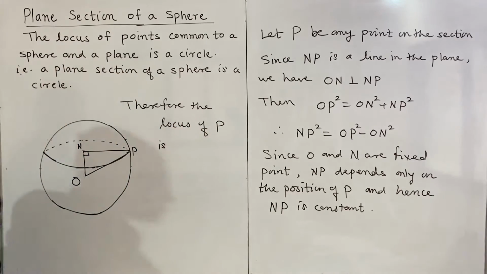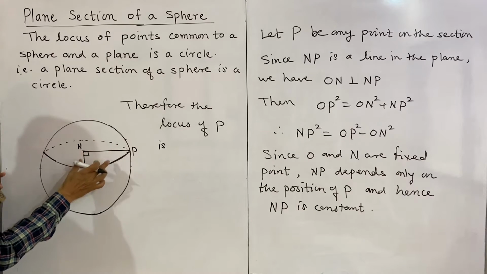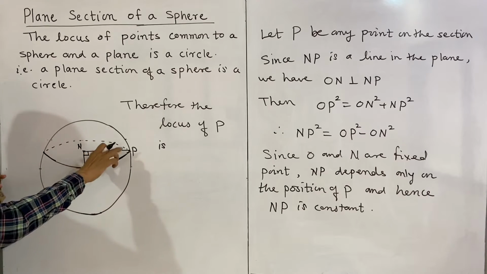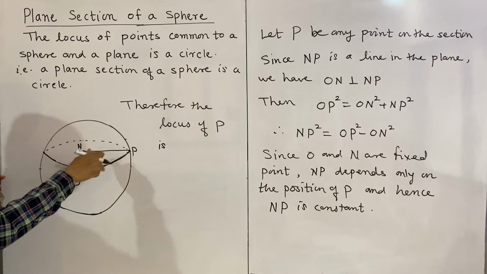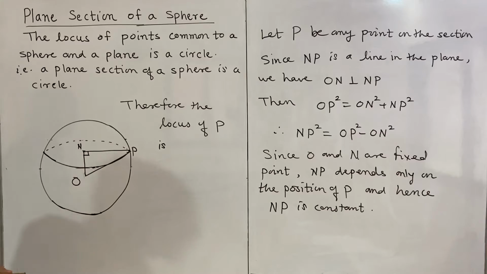Locus means the set of points which satisfies the given geometrical condition. What is the geometrical condition here? This distance remains fixed, because O and N are fixed, and therefore it is a fixed distance and the point moves with a fixed distance, and therefore it represents a circle.